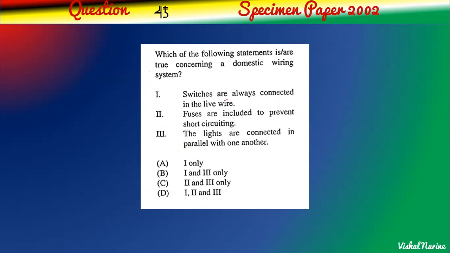So going through there, you'll see that one is correct. Fuses are included to prevent short circuiting. That is not the purpose of a fuse. So that is incorrect. And the lights are in parallel. That is also correct. So it is 1 and 3 only, which is B.